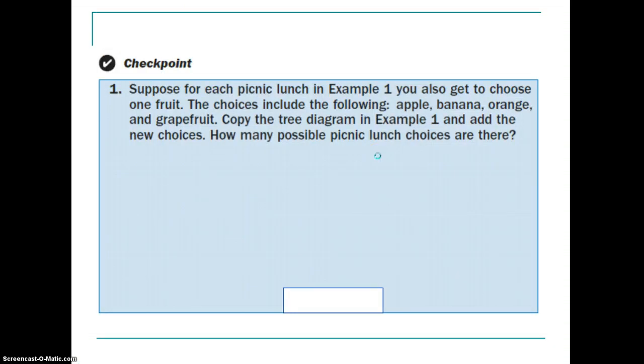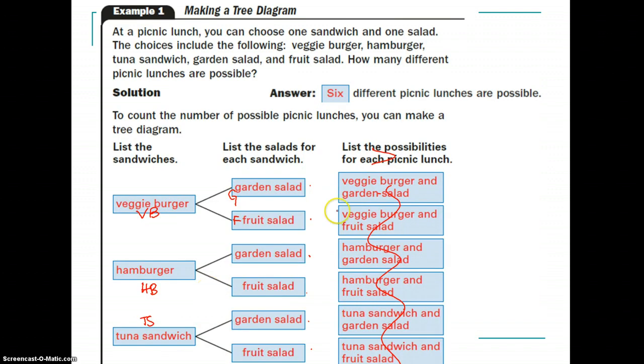Suppose for checkpoint 1, for each picnic lunch from example 1, you also get to choose one fruit. The choices include the following: apple, banana, orange, and grapefruit. So, we could just go back here and make our choices. I believe we had 4 different choices: apple, banana, orange, grapefruit.